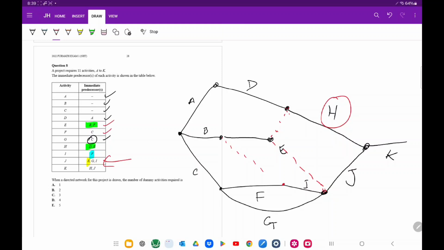And since E is a predecessor of both H and J, but not the corresponding branches, we can leave it. We can say that there's 3 dummy variables that are required for this particular question. This is a very tough question.